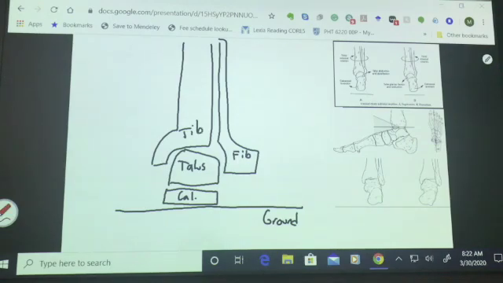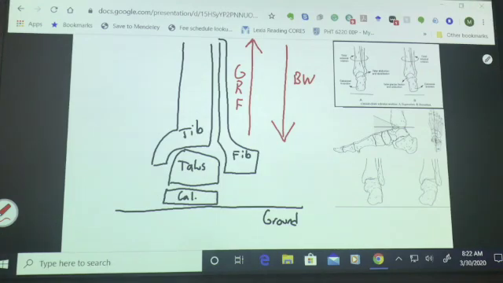Now what we have to think about here, and I want you to go back to that slide that we did back in the hip section of someone standing on one leg, and think about all the forces that are happening here. Understand and realize a couple different things. Understand that we're going to have body weight going down. We're going to have ground reaction force coming up.